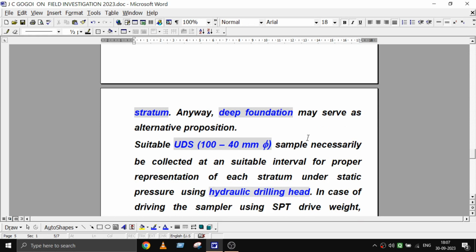And the sample shall be collected at a suitable interval. The basic purpose is that it shall be a proper representation of the soil stratum.